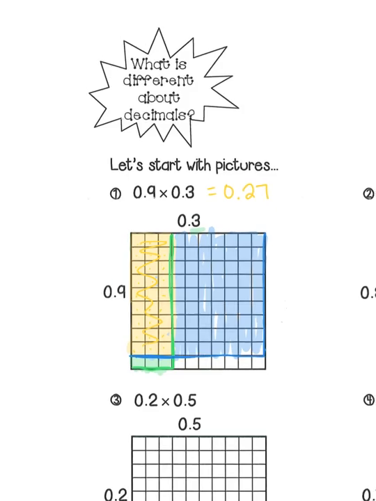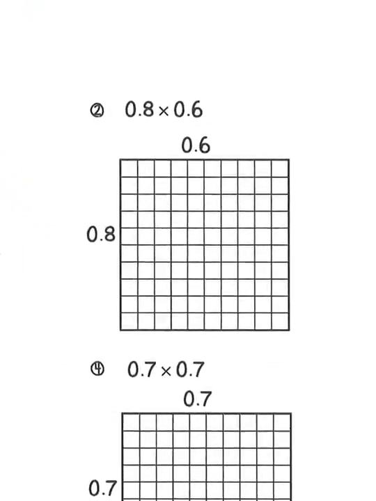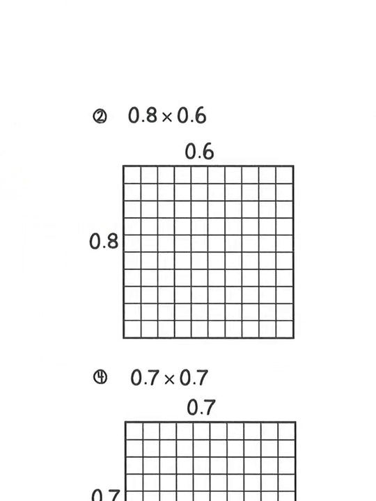Okay? Let's do another one. So here, I have 6/10 by 8/10, or 8/10 by 6/10, however you want to look at it. To start, I'm going to shade my 6/10 vertically, so up and down. 1, 2, 3, 4, 5, 6.